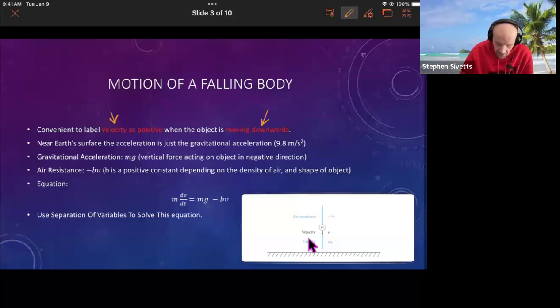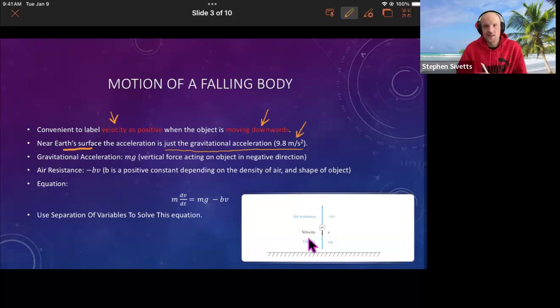In terms of projectile motion near the surface of the Earth, the acceleration is just the gravitational acceleration, 9.8 meters per second squared. It will be labeled as m times g, which corresponds to the vertical force acting on the object in the downward direction.